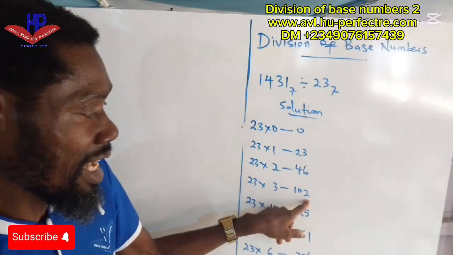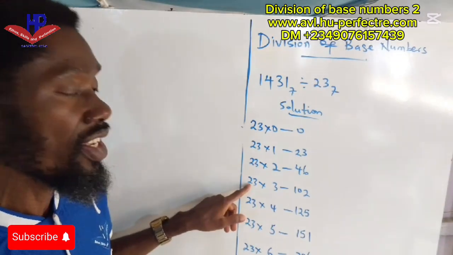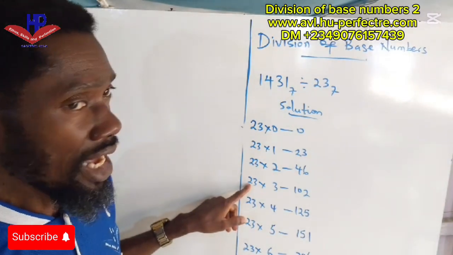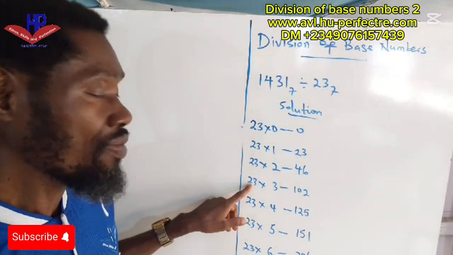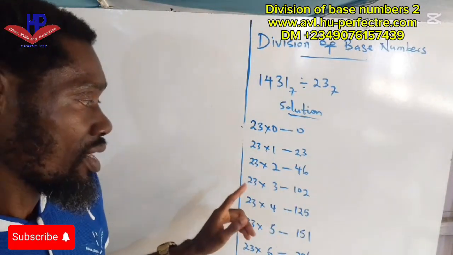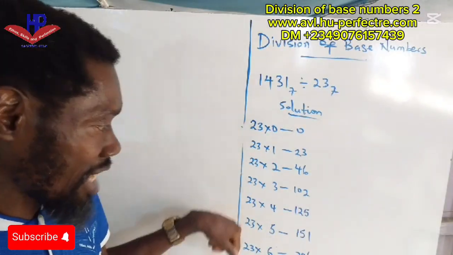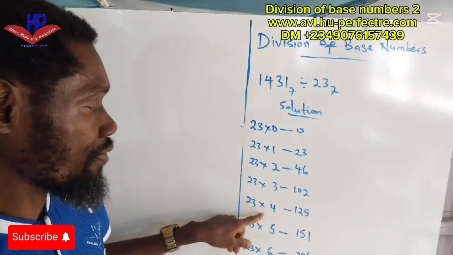Write the remainder, carry the 1 to the other side. Now 3 times 2 is 6, plus the 1 you carried is 7, and 7 is not a base 7 number, so you divide 7 by 7, you have 1, remainder 0. You write the 0 and carry the 1 to the other side. Since there's no number at the other side, you drop down the 1. That gives us 102.